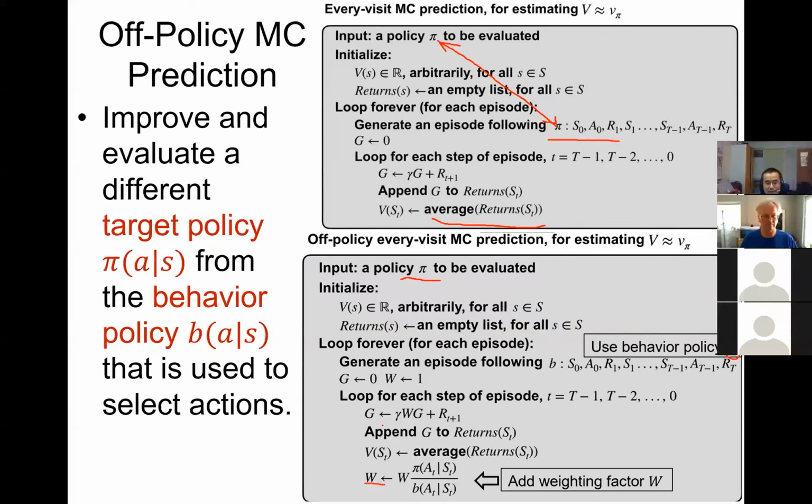By multiplying W to G before adding it, you update the G used for calculating the value function.